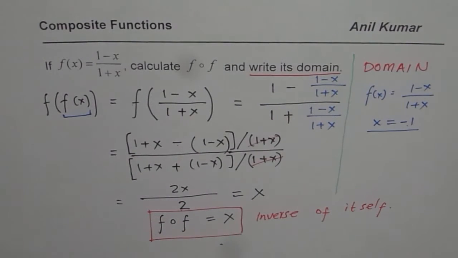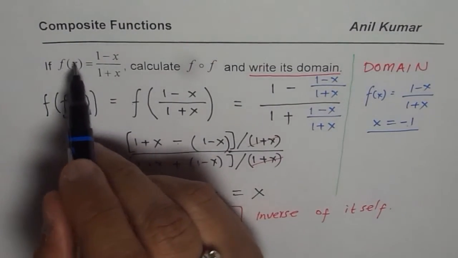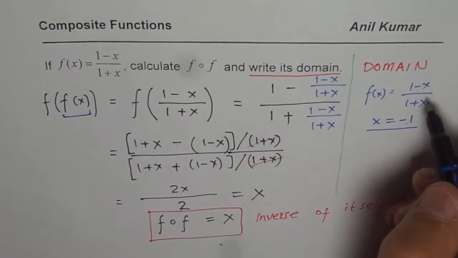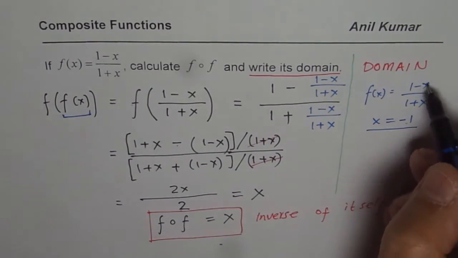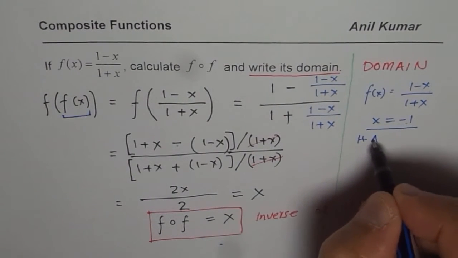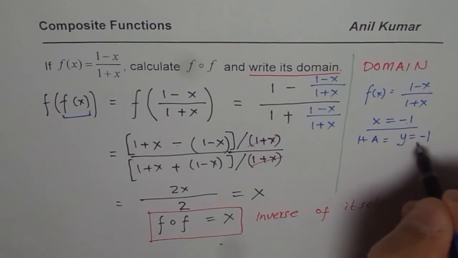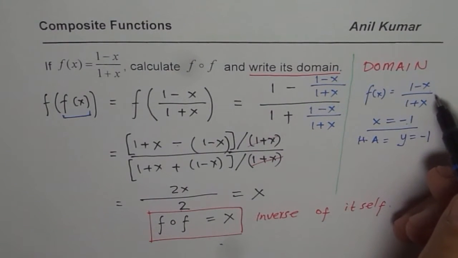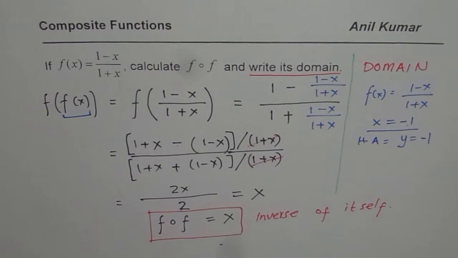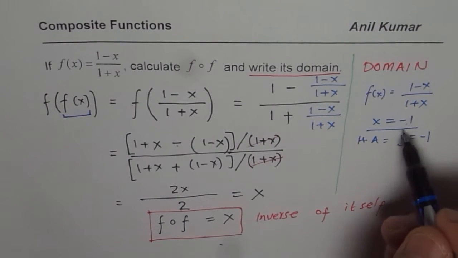The other restriction should be that the output of this should not be minus 1, since that is the outer function. Now as you can see, here the output can never be minus 1. Do you see? The horizontal asymptote is y equals minus 1, so the function will never have an output of minus 1. Therefore, in this particular case we have only one domain.